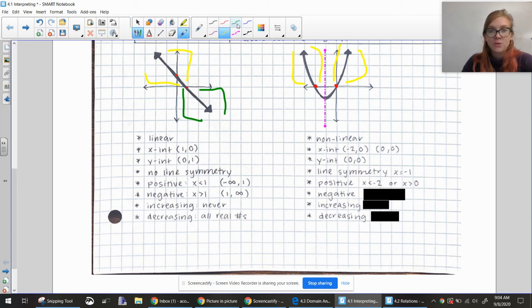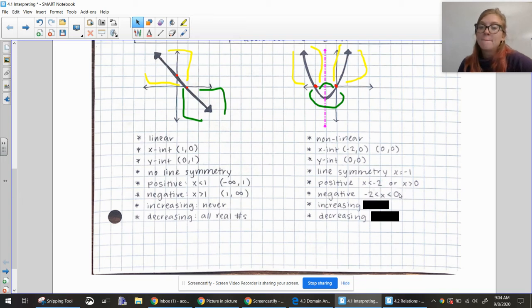The graph is going to be negative when it drops below the x-axis, which is this little section down here. So the graph is negative between -2 and 0.